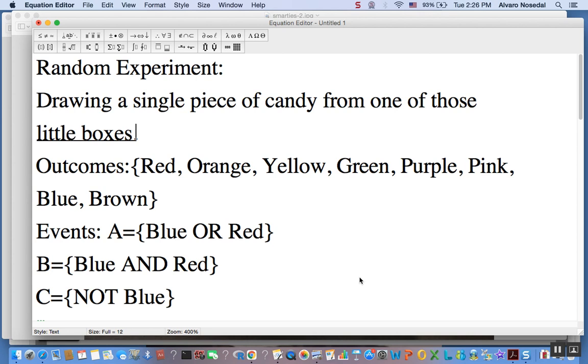Next, we would like to introduce another element into this model, a mathematical representation of probability, because remember that our ultimate goal is finding the probability of blue. Okay?